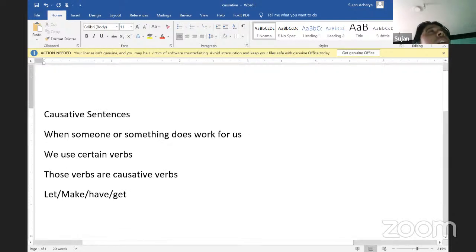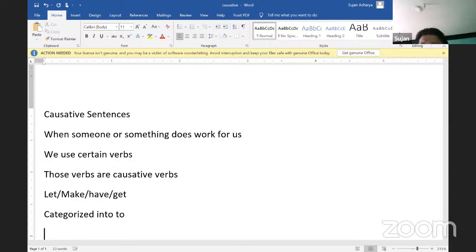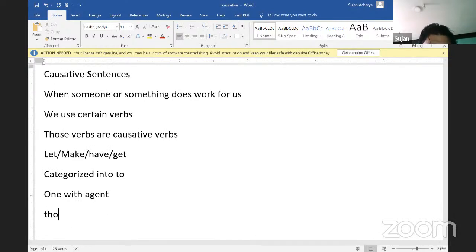And they can be categorized into two. One usage is with agent. The other usage is without agent.